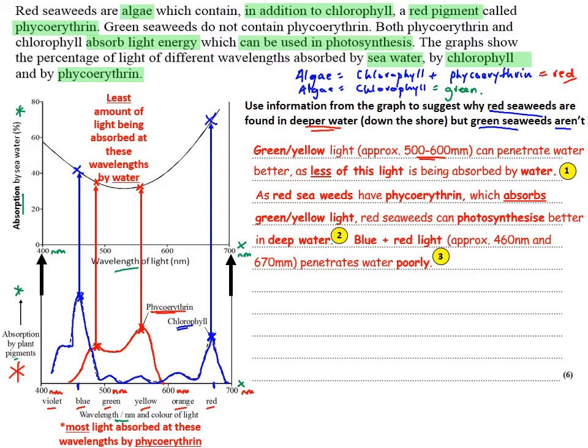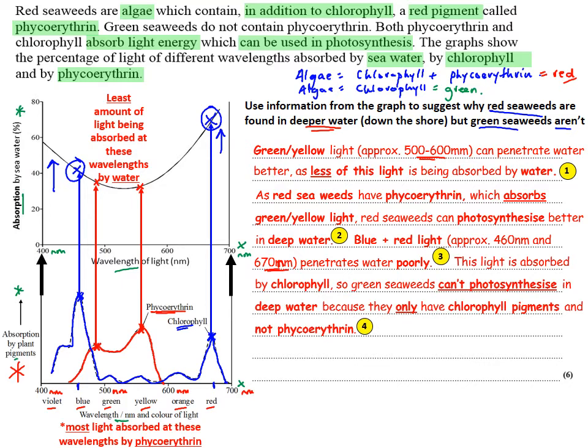Now, blue and red light, approximately 460 to 670 nanometers, penetrates water very poorly, because we showed at the top that it's actually absorbed to a higher extent here and here. So this light, blue and red light, is absorbed by chlorophyll.